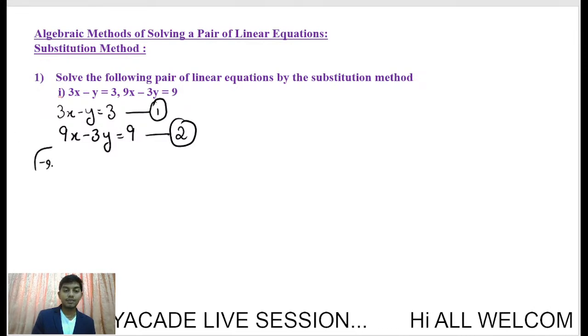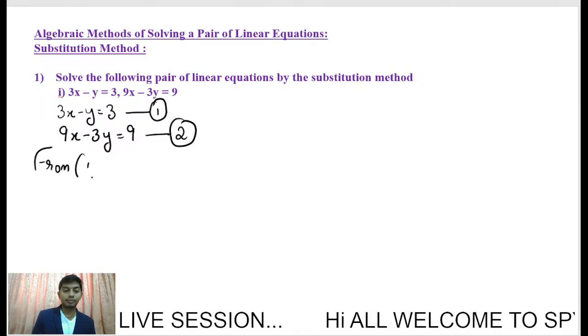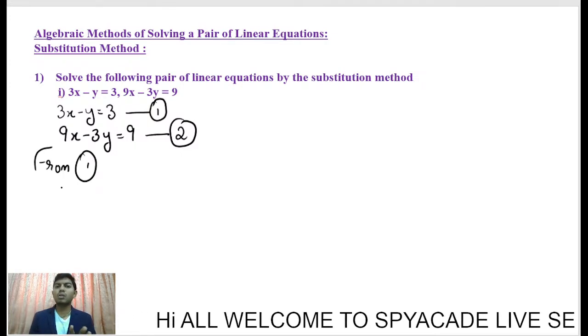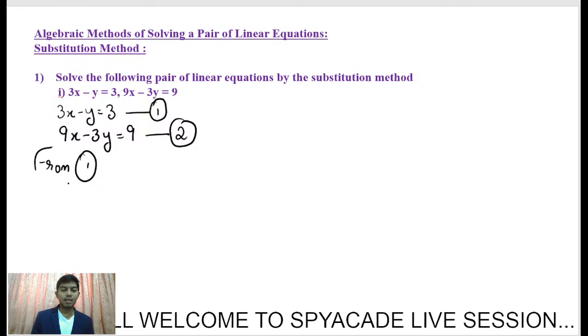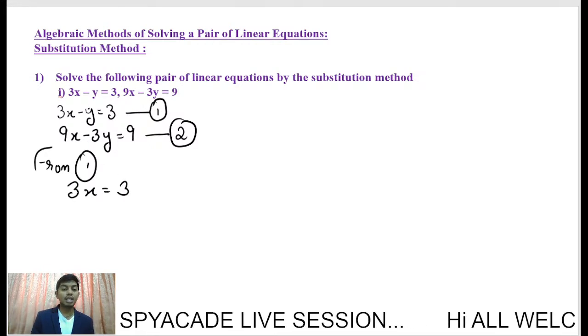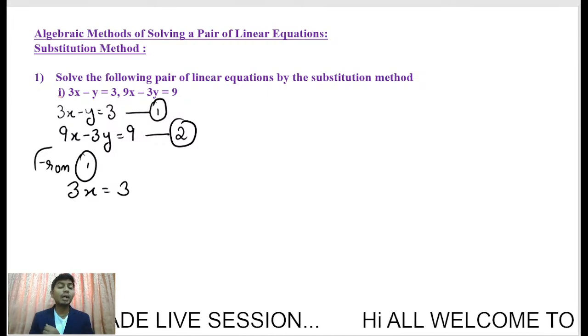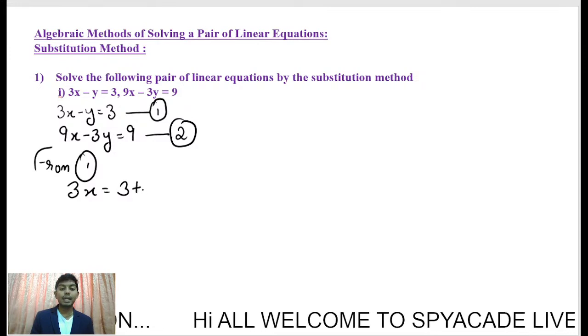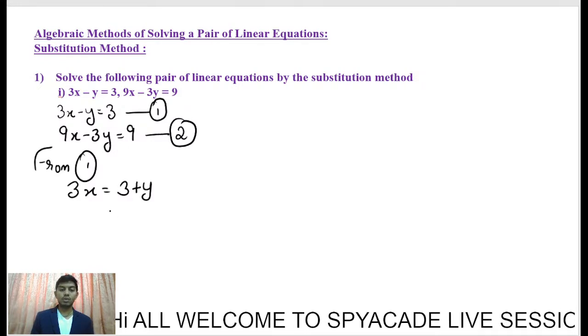From this first equation, I'm just going to find the value of either x or y. See, we have 3x, and then we have minus y. If I take this minus y to the other side, what will happen? That will become plus y. Yes or no? Plus y.